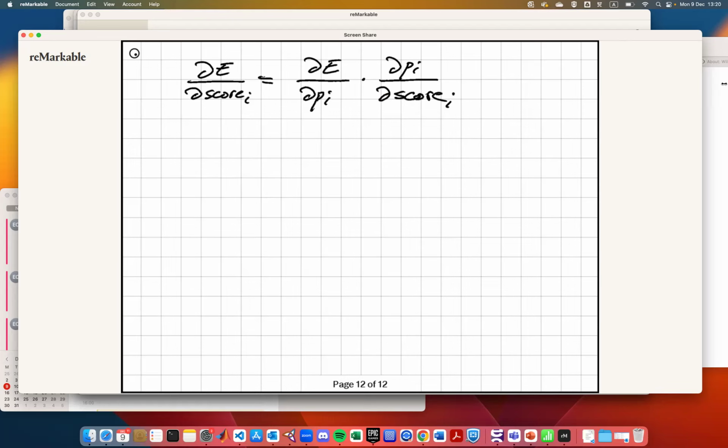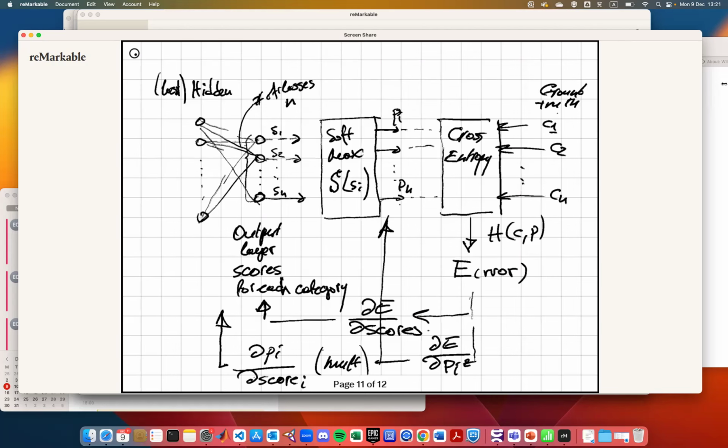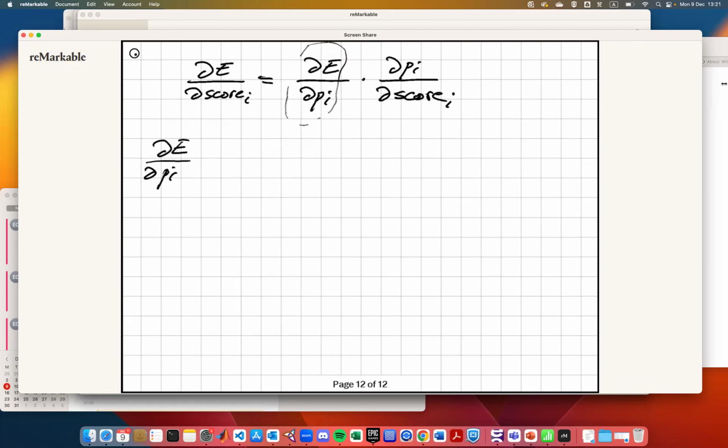So this first one, dE by dpi. Why am I doing this again? To come from this understanding to the final result.